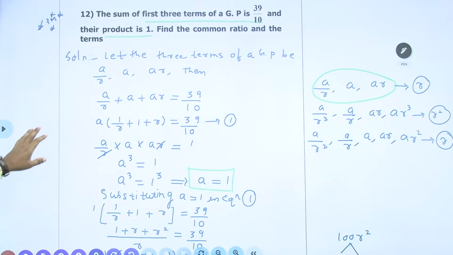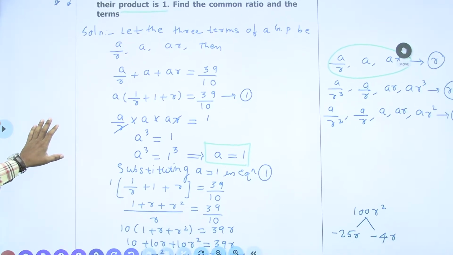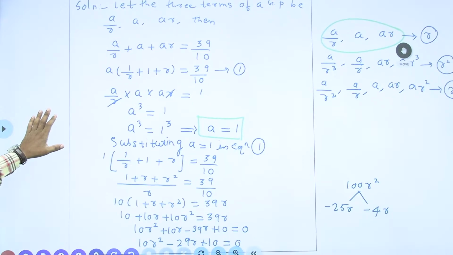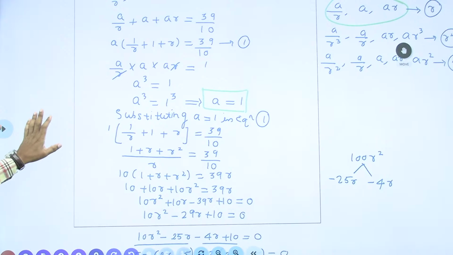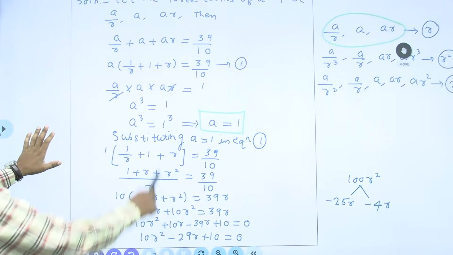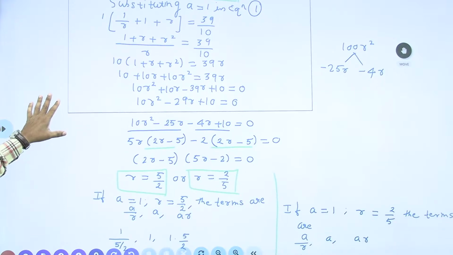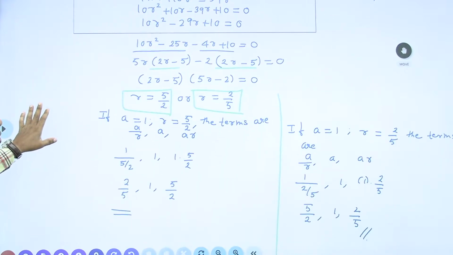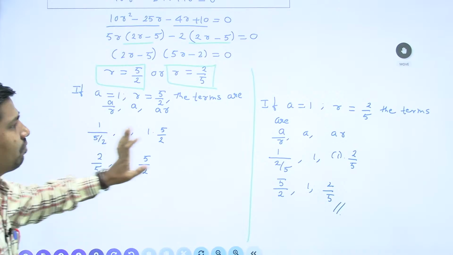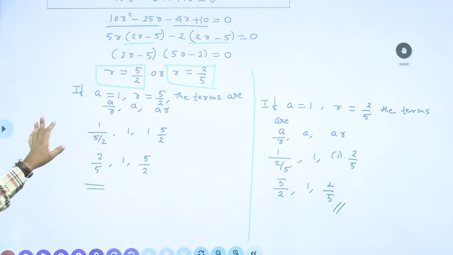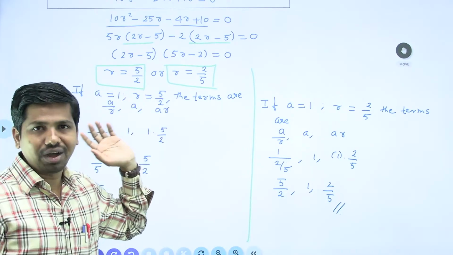Take those terms as a by r, a and ar, then sum equal 39 by 10, taking a as common, called equation 1, and product equal to 1, we get a value. Substituting that a value in equation 1, we get a quadratic equation in terms of r. Solving for r, we get r value as 5 by 2 or 2 by 5. If a equal to 1, r equal to 5 by 2, these are the three terms, and if a equal to 1, r equal to 2 by 5, these are the three terms. Both sets of terms you have to write compulsorily because we are writing two values of r.